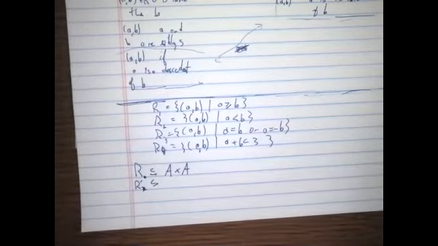What are the operations that I can do on subsets? If I have two subsets of a set, what can I do?